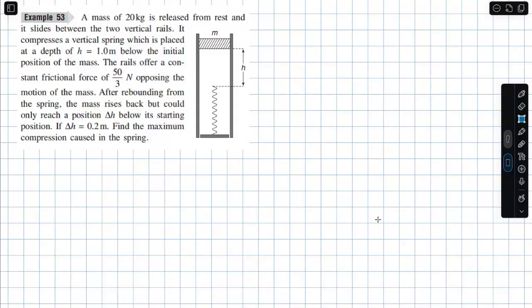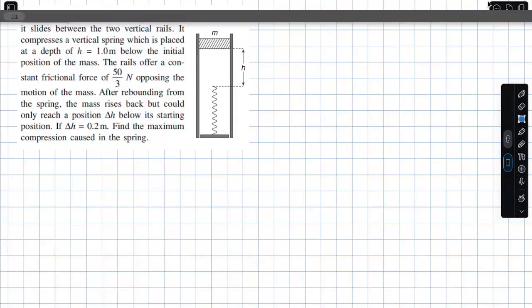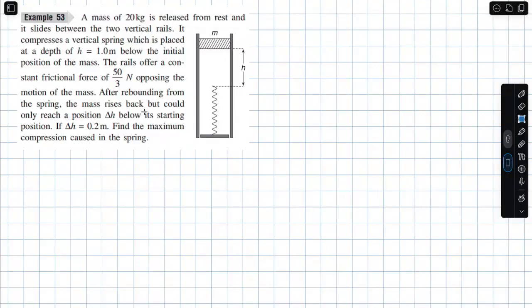Here, unlike the previous models, you have friction. See, read this. They have clearly mentioned rails offer friction, which is a very important term.